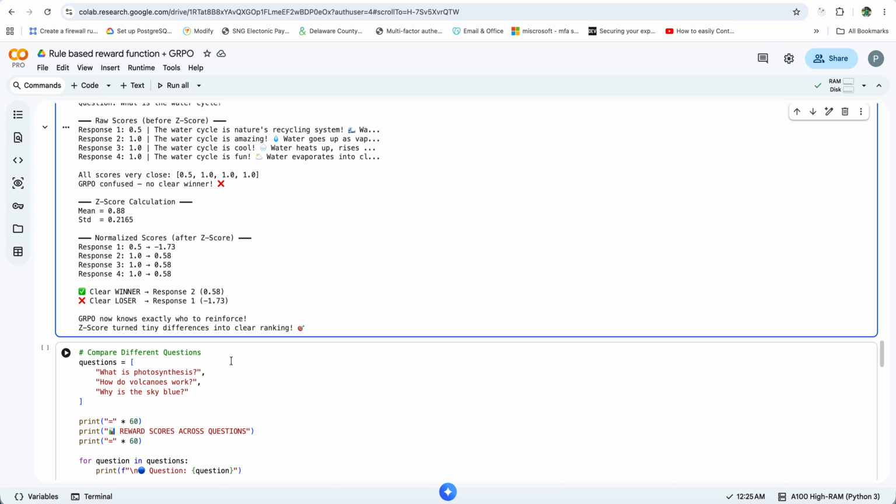Another problem is when the reward function rewards responses generated by the actor that are totally drifting away from the base model. So when we are doing the training, the GRPO trainer always has a reference model.